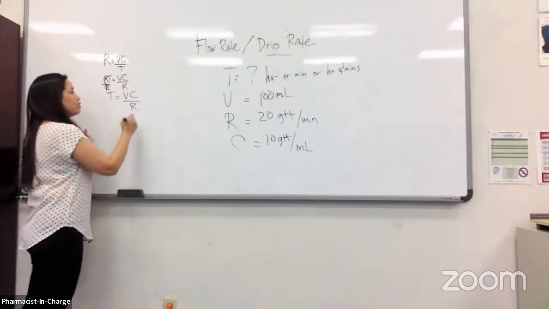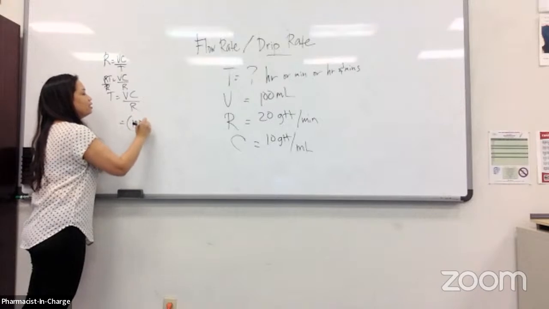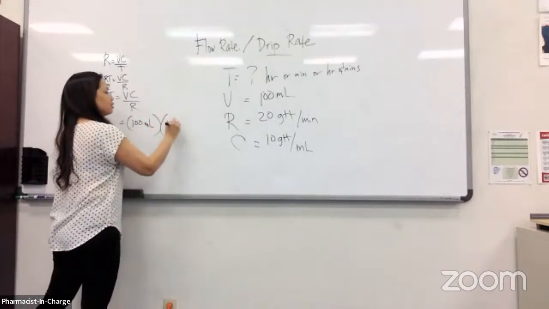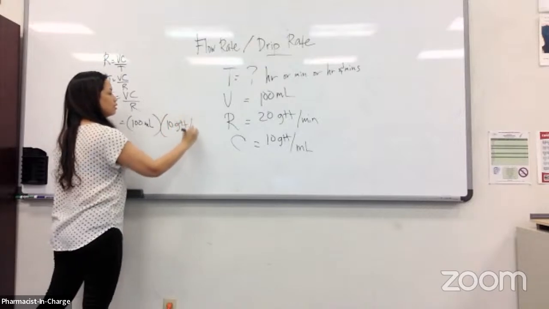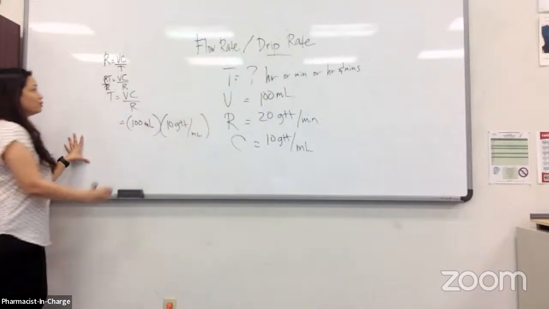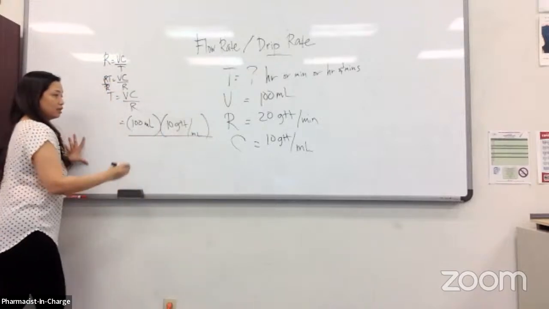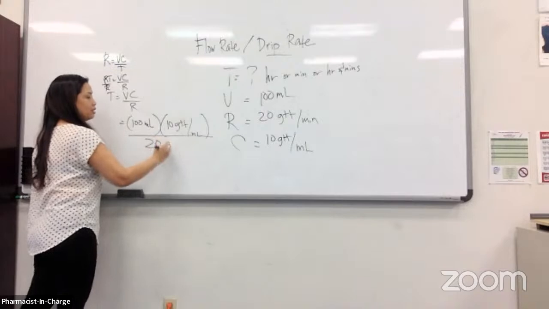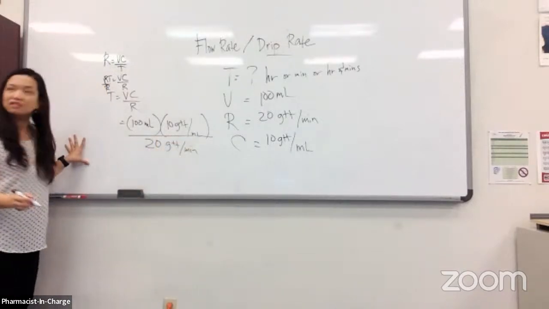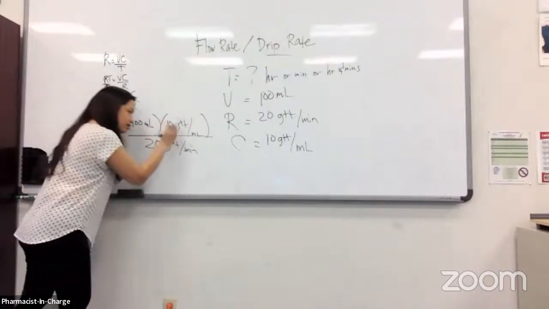My V is in ml already, so I have to put 100 ml. What's my C again? It's 10 GTT, or 10 drops per minute. Oh, per milliliter, sorry. Okay. And then what else do I have? An R, correct? Yes. 20. You see how even if it's like a waste of time, it's not really a waste of time putting the units.